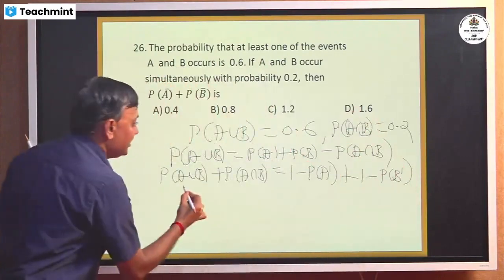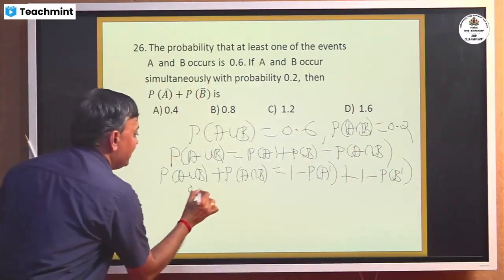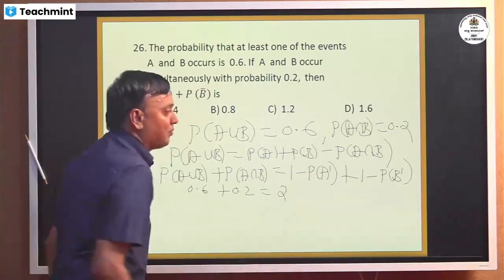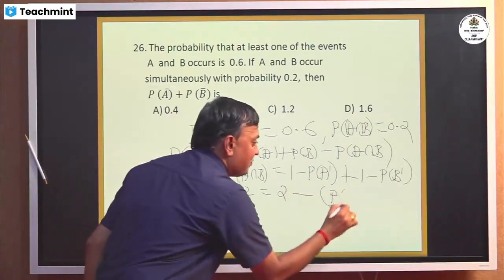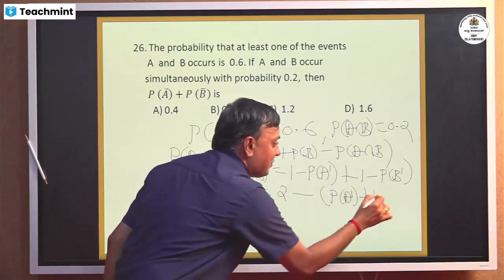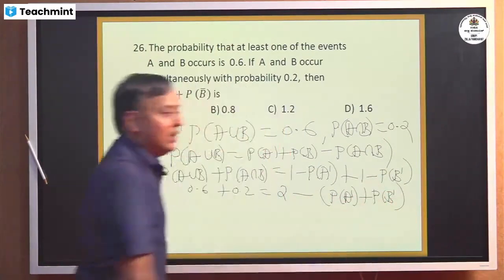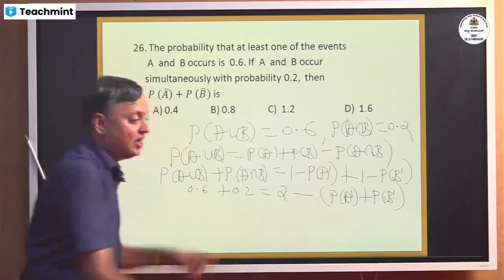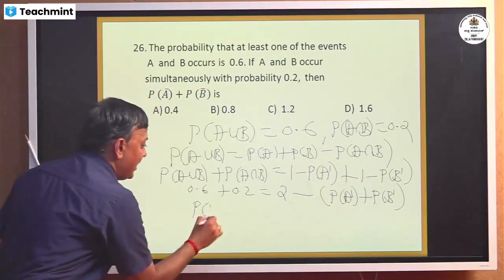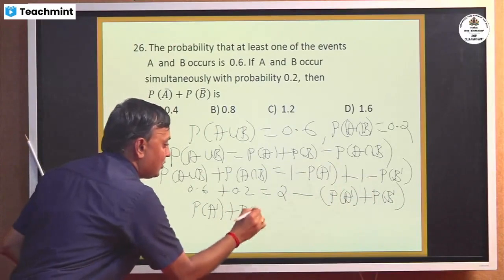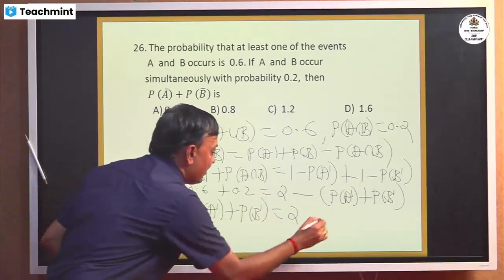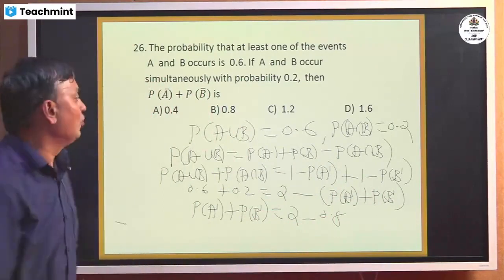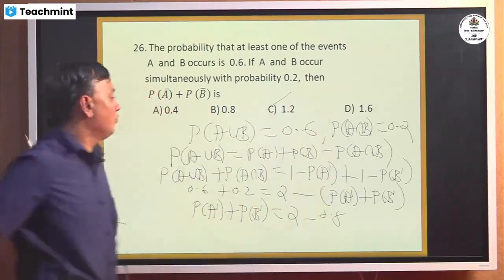So these two are given, 0.6 plus 0.2 equals 0.8, so 1 plus 1 minus P of A dash plus P of not B, and bring these two to the left-hand side and 0.8 to the right-hand side, we get the answer P of A dash plus P of not B is equal to 2 minus 0.8. So the answer is 1.2.